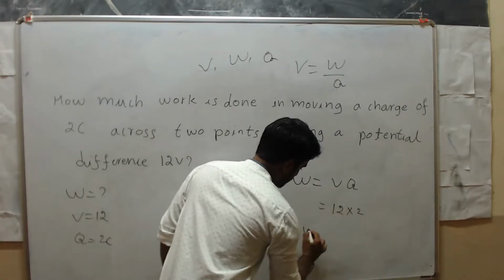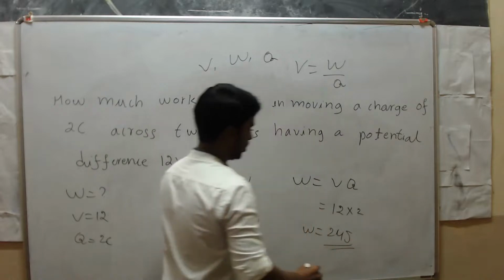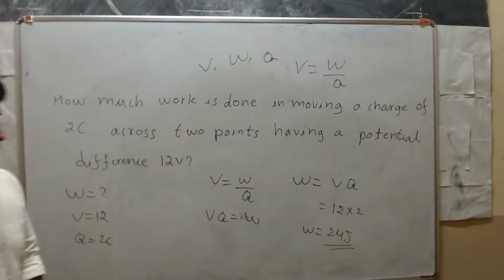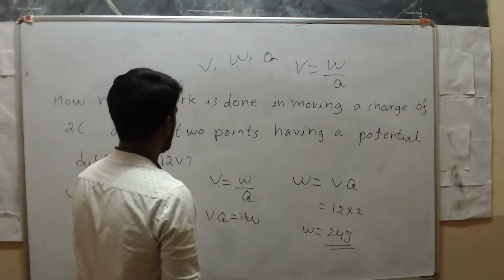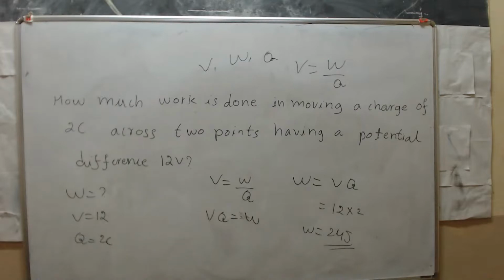So work done is equal to 24 joules. Here 24 joules of work is done to move 2 coulomb of charge from one point to another point.